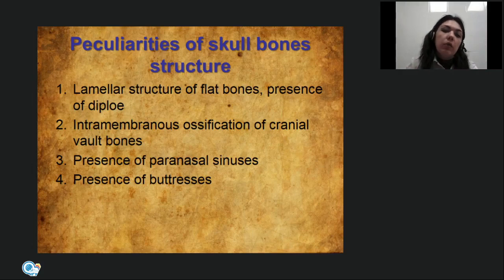Then intramembranous ossification of cranial vault bones, we have already said about it. Presence of paranasal sinuses, that's why we were saying that some cranial bones are pneumatic, yes, because they contain paranasal sinuses, and also presence of buttresses.